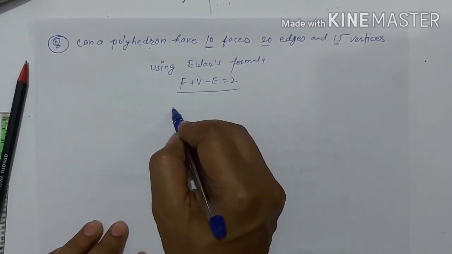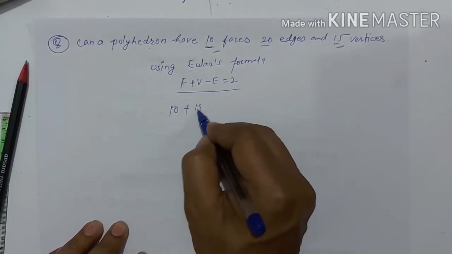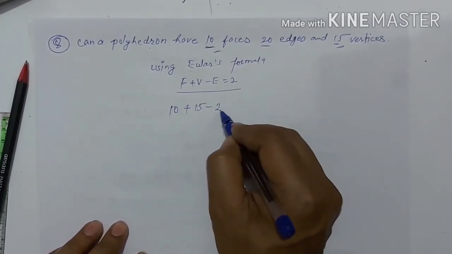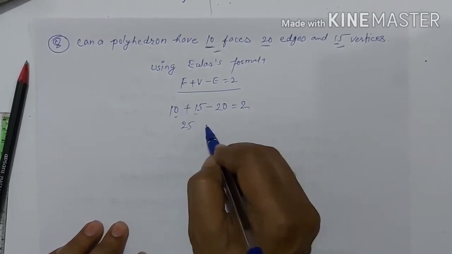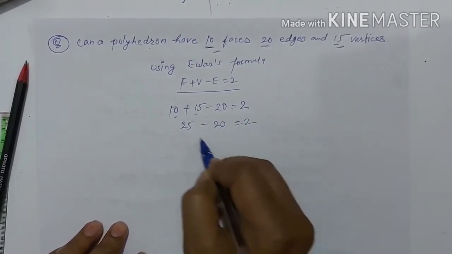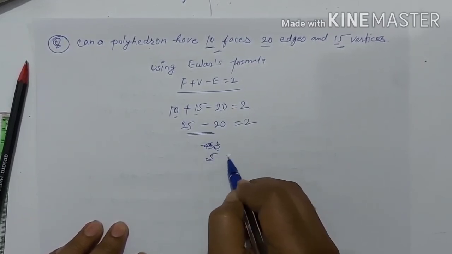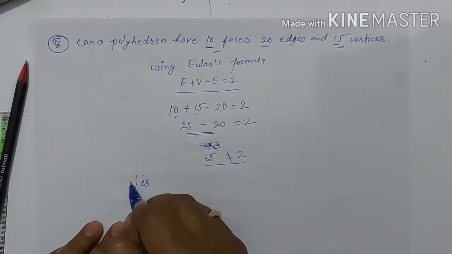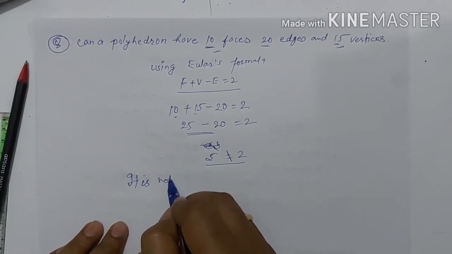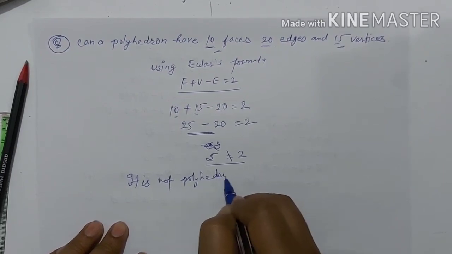Now put the values: F is 10 plus vertex is 15 minus edges is 20 is equal to 2. So that is 25 minus 20 is equal to 2. After subtraction we get only 5 is equal to 2, but 5 is not equal to 2. So it is not a polyhedron.